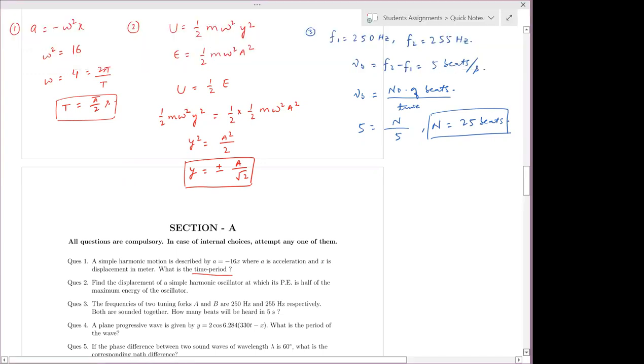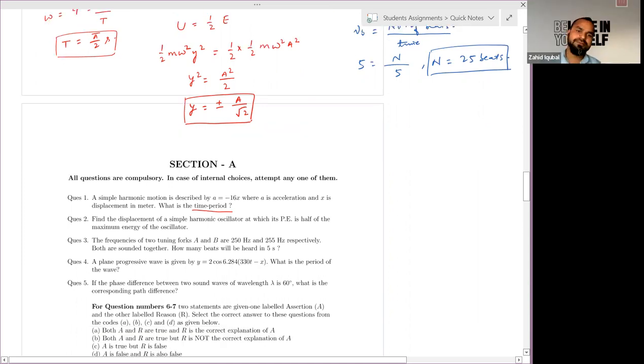Next, in question 4, a plane progressive wave is given by y = 2 cos(6.284 ...). You may write 6.284 as 2π and move this particular part inside the bracket.